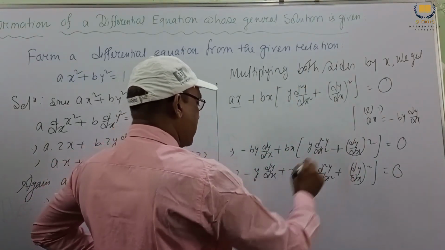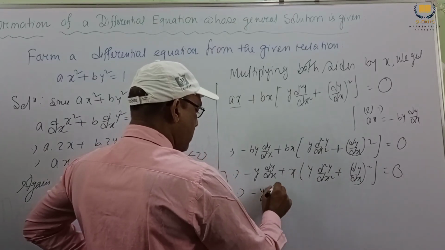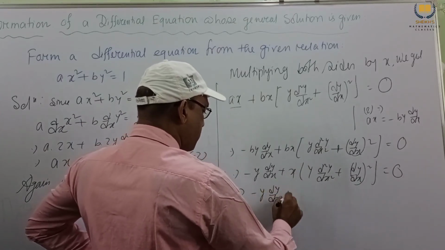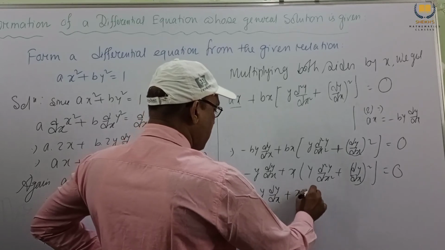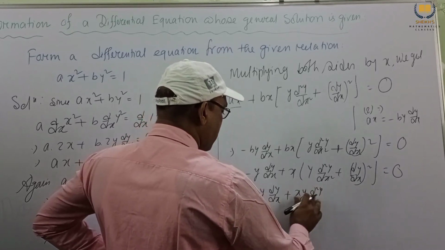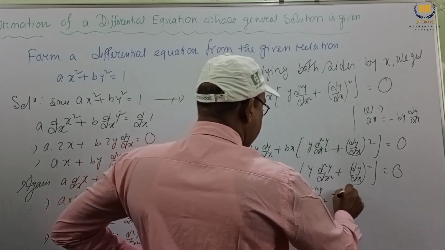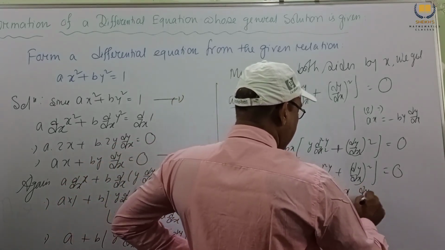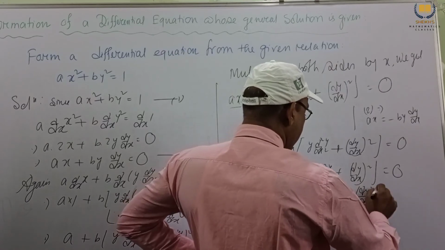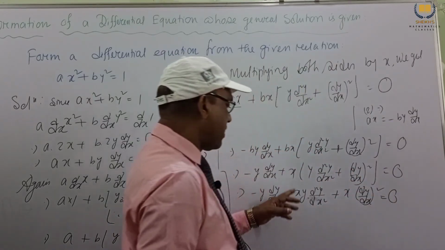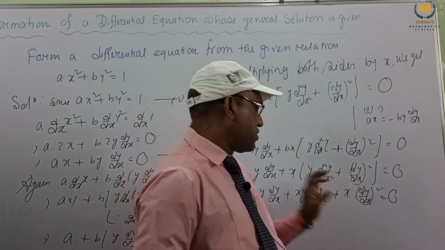We multiply x with this and this here also.